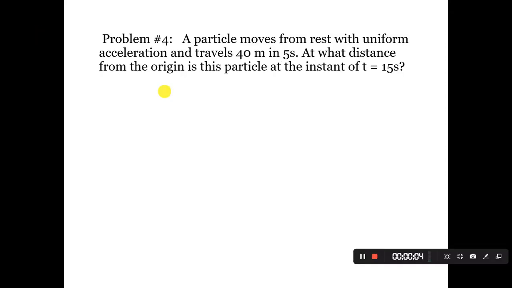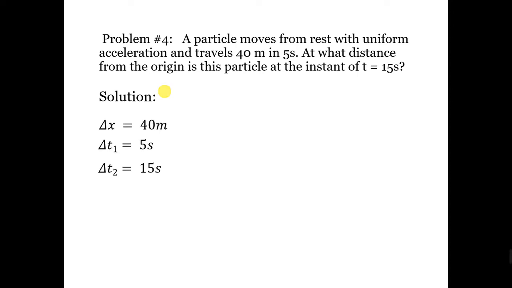How about problem number 4? A particle moves from rest with uniform acceleration and travels 40 meters in 5 seconds. Now, at what distance from the origin is this particle at the instant of time equal to 15 seconds? The given values are 40 as the distance with 5 seconds, then another time of 15 seconds with an unknown distance.